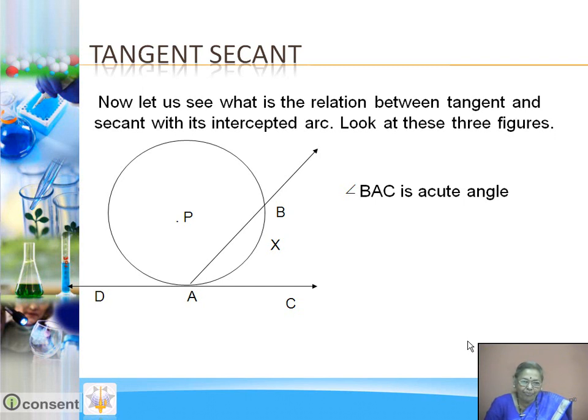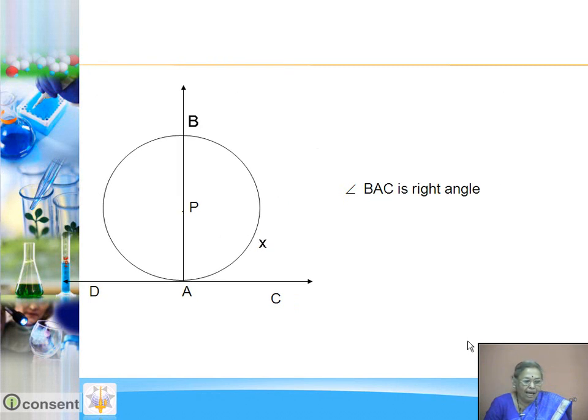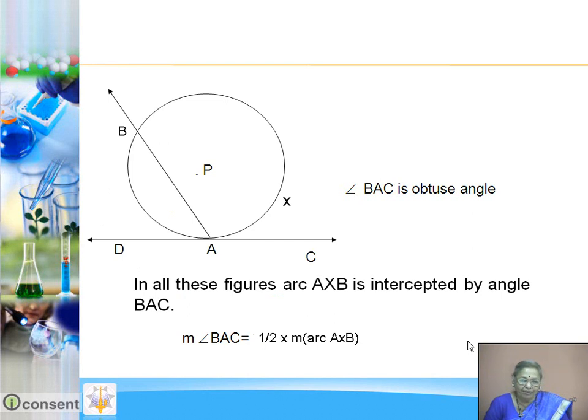In the next diagram, angle BAC is 90 degrees. AP is a diameter and a secant, a tangent is drawn at point A. Therefore, angle formed is right angle. Angle BAC in this diagram is obtuse angle.